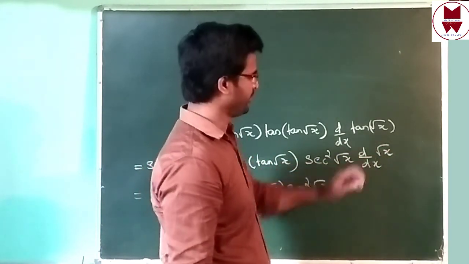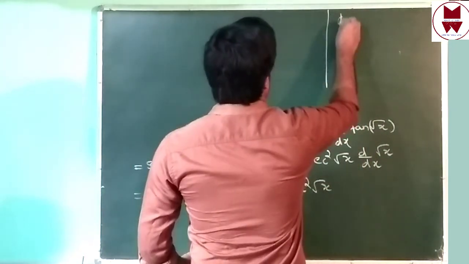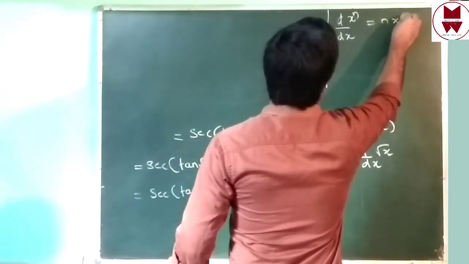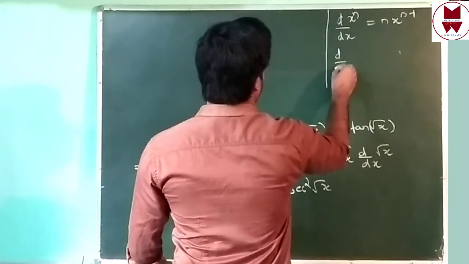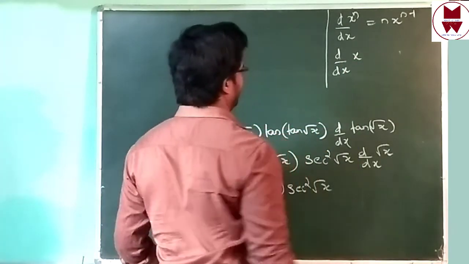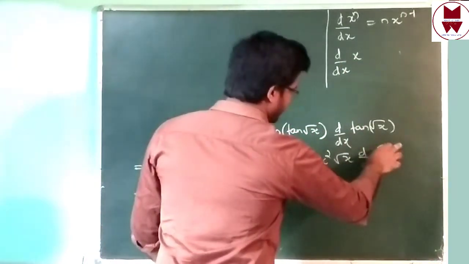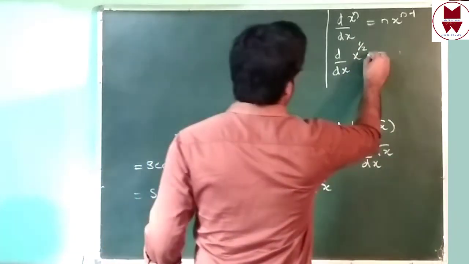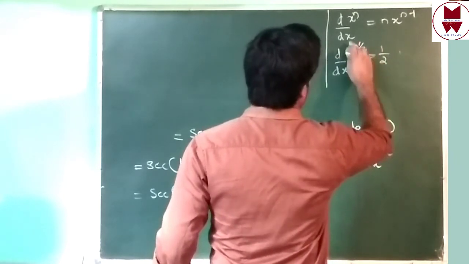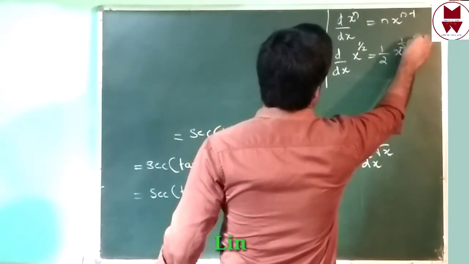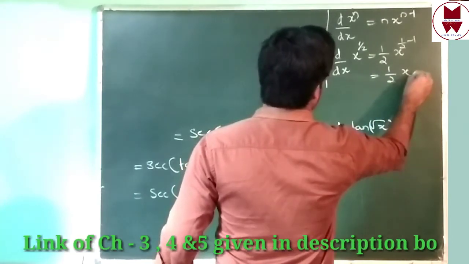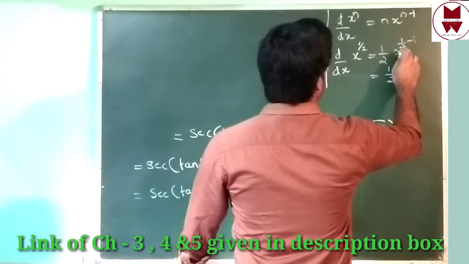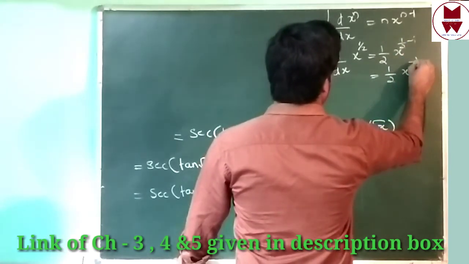What will we do? That time we can use this formula, because d by dx of x raised to n. N means root x. If you rewrite, you will get x raised to 1 by 2, isn't it? Then 1 by 2, x raised to 1 by 2 minus 1. Take LCM: 2 into 1, 2. 1 minus 2, minus 1 by 2.